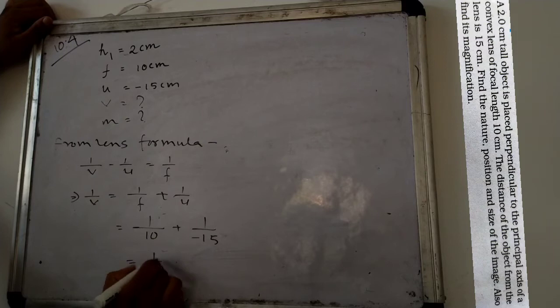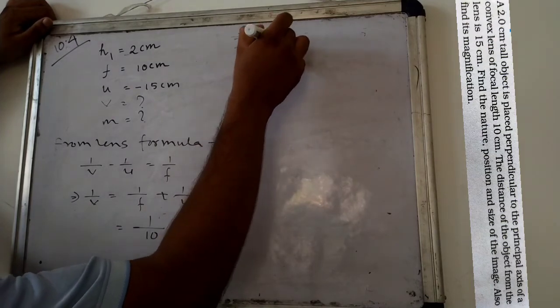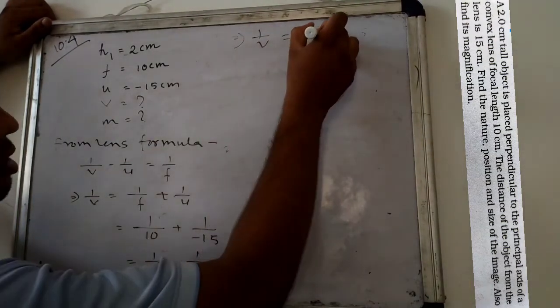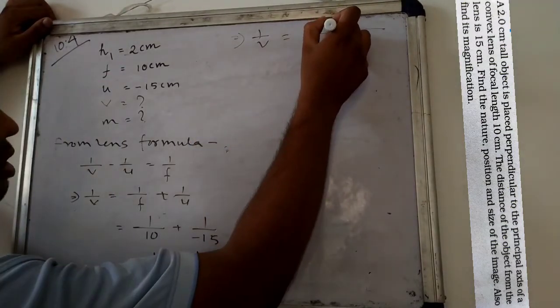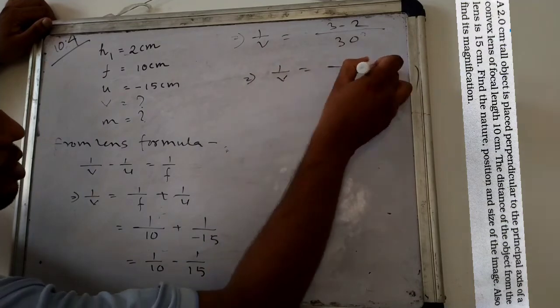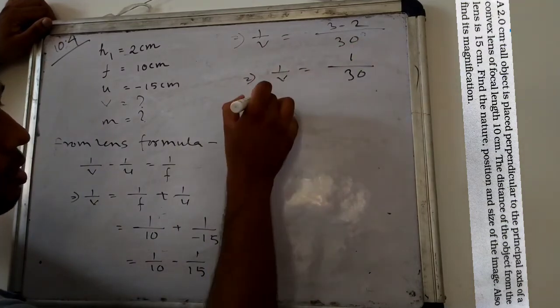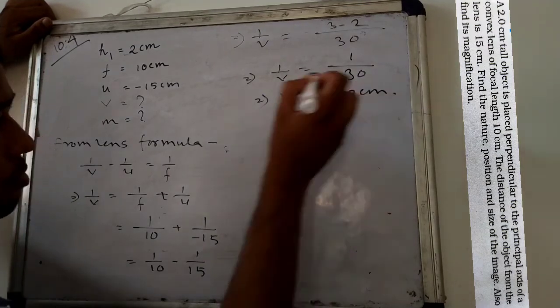So 1/10 plus minus 1/15. Now if we take the LCM, it will be 30, then 3 minus 2. So 1/v equals 1/30. So v equals 30 centimeter.